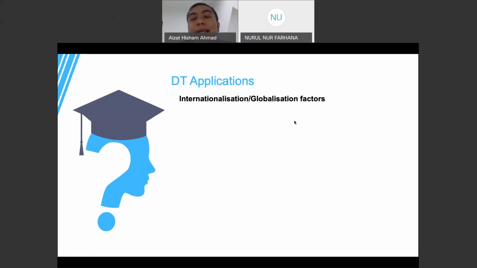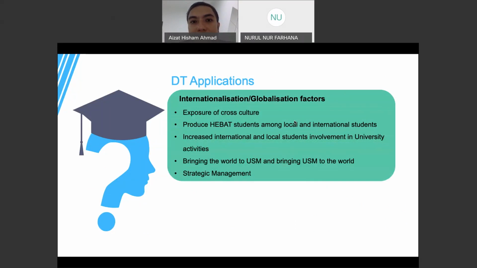I like to highlight that because of globalization, we want to make sure that the USM community, which includes not only students and staff but also our stakeholders, the community and society surrounding us, has an exposure to cross-culture through design thinking, because design thinking is now used globally.